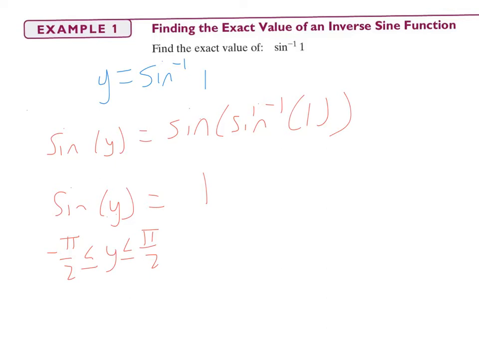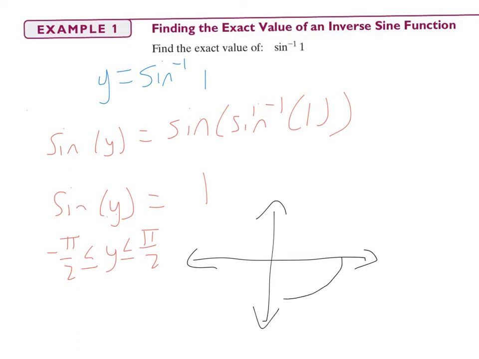Now, the sine is positive 1. Since we're talking about -π/2 to π/2, let's first figure out which quadrants those are.